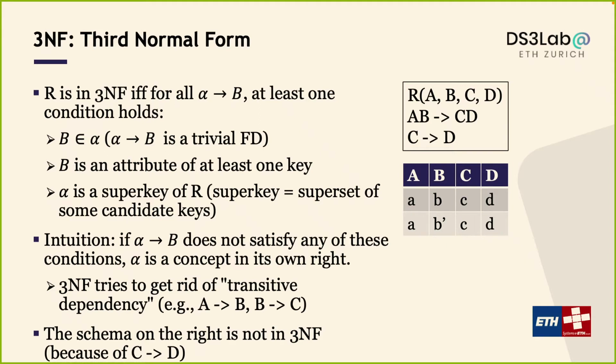Second, the right-hand side, D, is not an attribute of any key; the only key in this relation is AB. And the left-hand side, C, is not a super key, because the key is AB and C has nothing to do with it. So this is a functional dependency that does not satisfy any of these three conditions, and because of that, this design is not in third normal form.